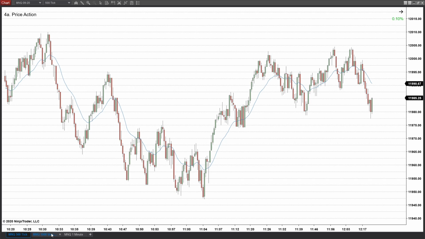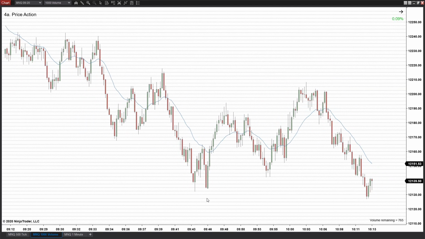Now, a volume chart is based in volume. It doesn't matter if one person was buying 1,000 contracts or 1,000 people were buying one contract each. It's a 1,000 volume chart, meaning that wherever it moved while those 1,000 contracts were traded, that's where the candle plots.